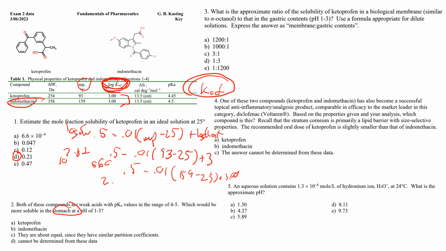Right here we get a value of 2.16. Raise that to the 10th, and we get 144. So you can see here that it's really these things in melting point.